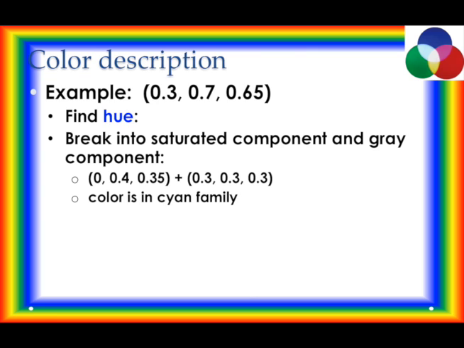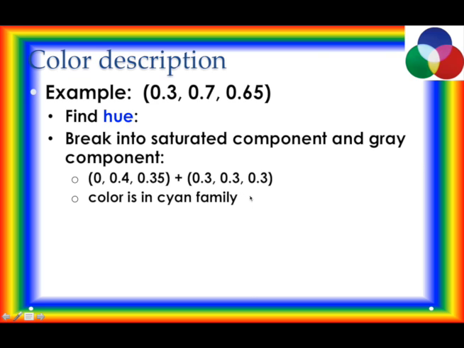So I'm going to take out, here this is my gray component, I'm going to take out 0.3, 0.3, 0.3. And what I'm left with is 0, so 0.3 minus 0.3 is 0, 0.7 minus 0.3 is 0.4, and 0.65 minus 0.3 is 0.35.